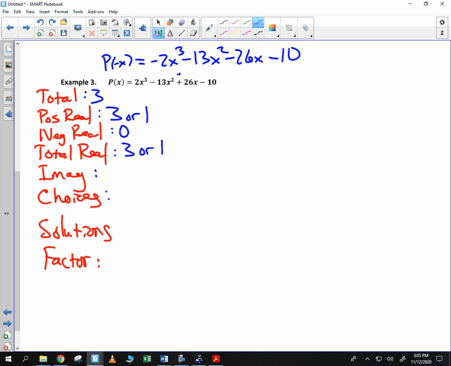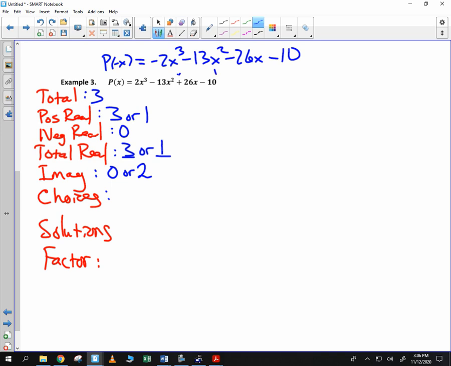I must use the rational roots here. Before, let's determine our imaginary. Sorry about that. This could get confusing for people. If there are 3 total real, that would mean that there was 0 imaginary. If there was 1 real, that would mean there would be 2 imaginary. So this one is less descriptive. The other 2 I was able to figure everything out from the beginning. This one, a lot less information is given to me.